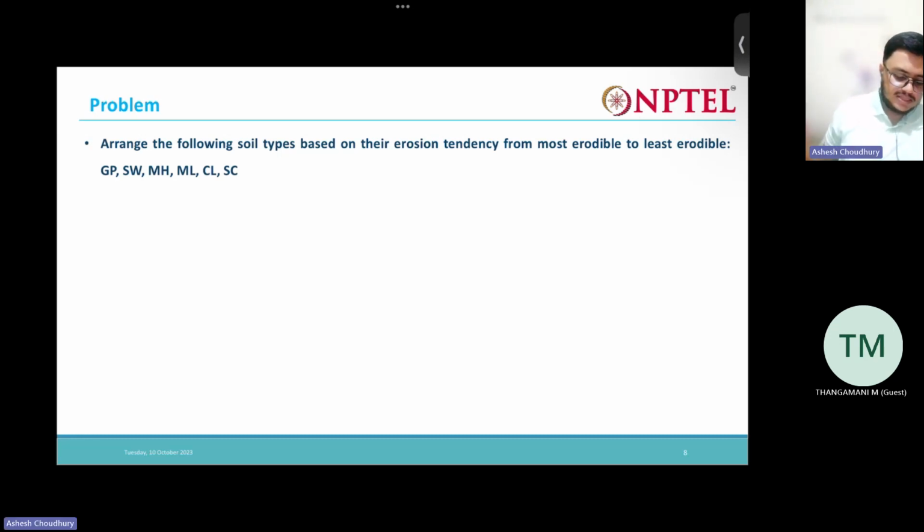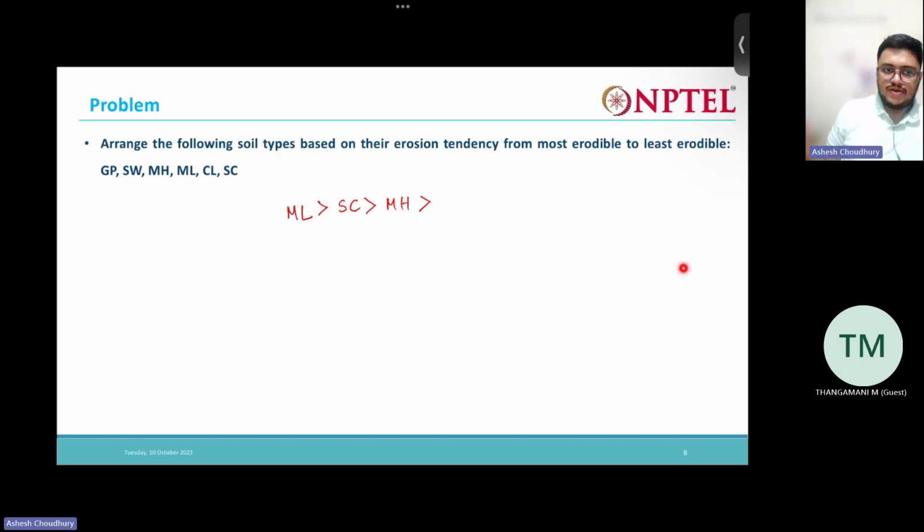Okay, so out of these, the most erodible is actually silt, low plastic silt. Then after silt, we have clayey sand. After clayey sand, we have MH, the highly plastic silt.